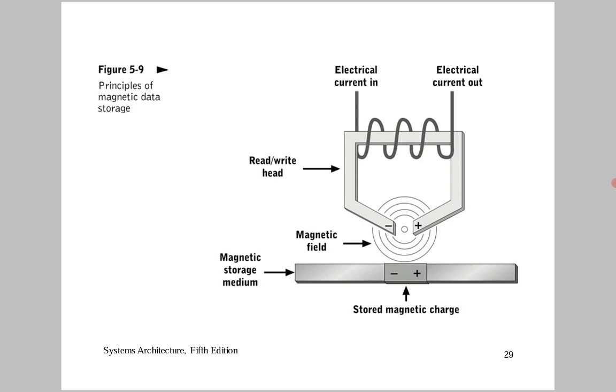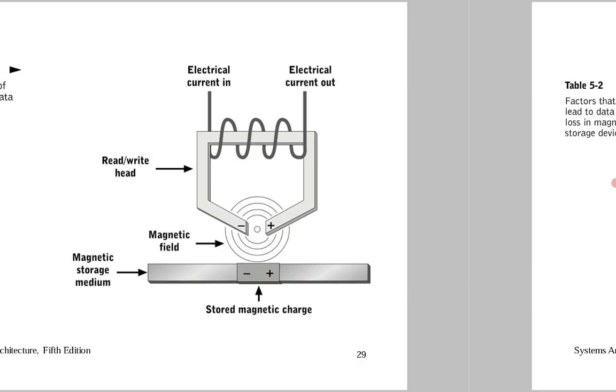The components of magnetic secondary storage devices are magnetic tapes and drums, magnetic fields, read write heads, and electrical wires wound with some magnetic material.